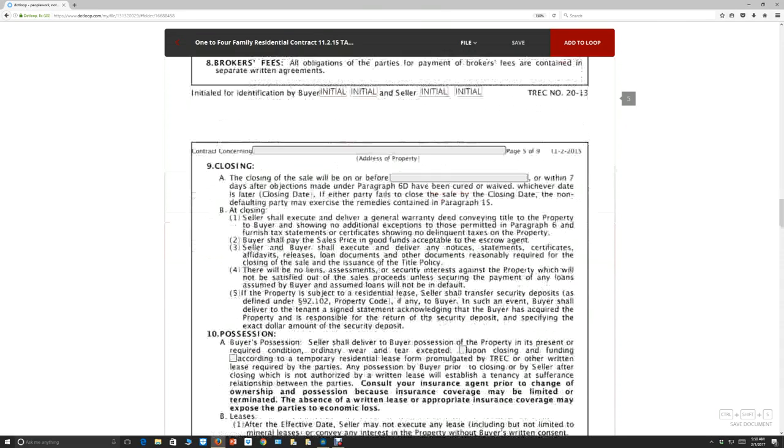The closing of the sale will be on or before this day. All right? So you're going to put the closing date there, on or before. Understand that if you close on a Friday afternoon at 3, the home will not close and fund on that day, because funding typically requires wires to be sent around the country and approvals to be received maybe from both coasts.